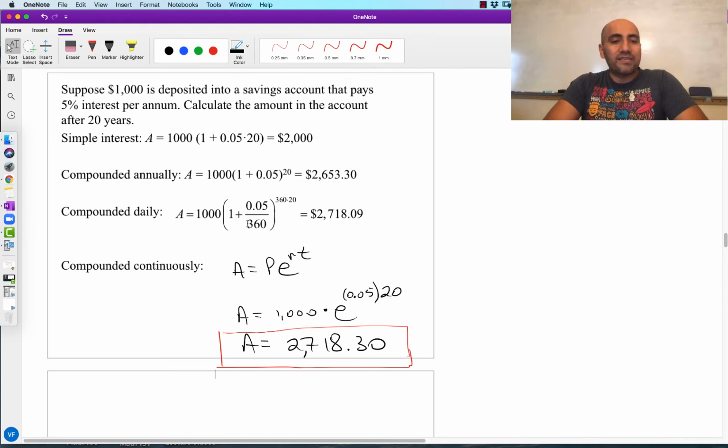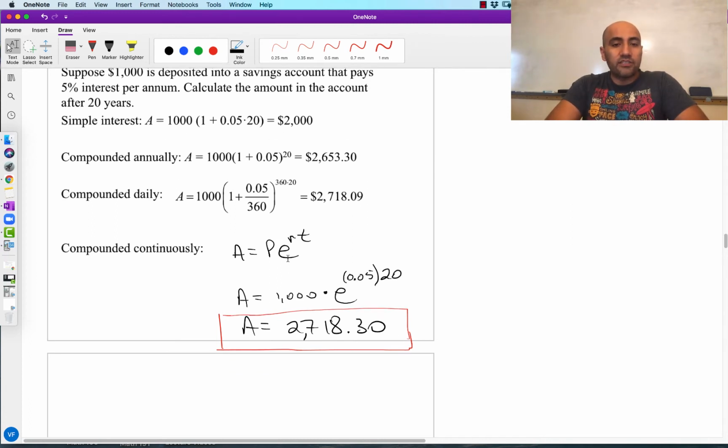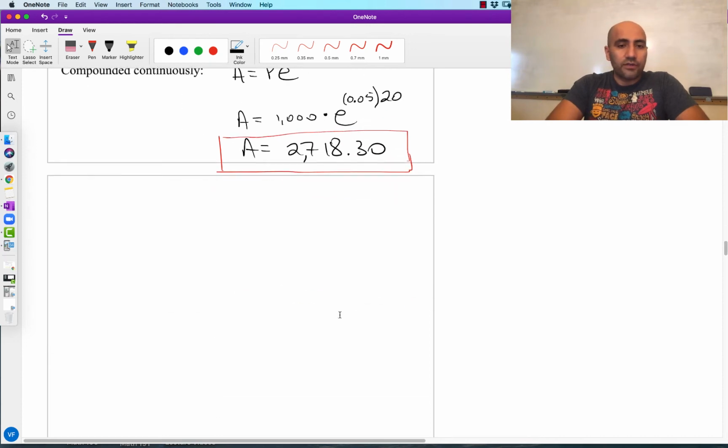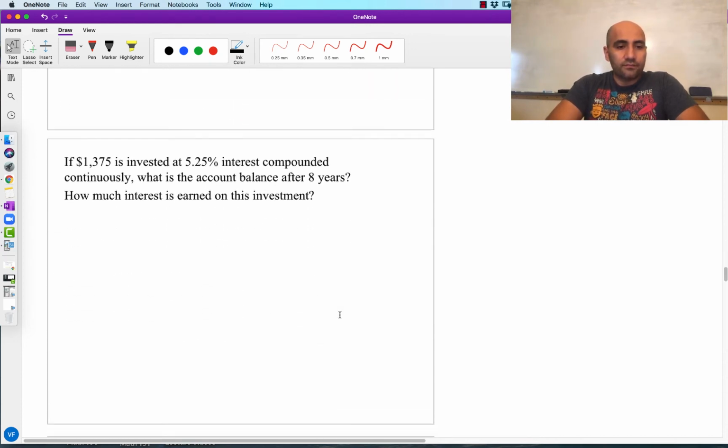And then compounded continuously gets you to $2,718.30. Notice that there is not that much of a difference. You would think that it would grow much, much faster compounded continuously, but it's actually not that big of a difference from the daily to the compounded continuously. But the formula is much easier to work with, right? Okay, so here are the results.